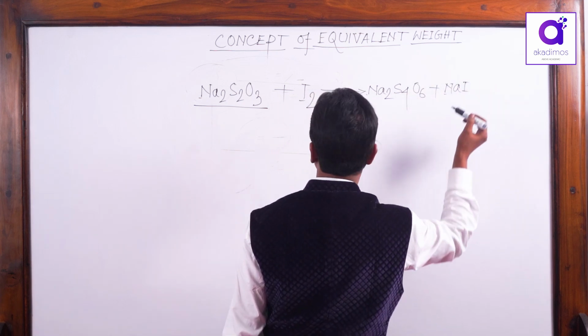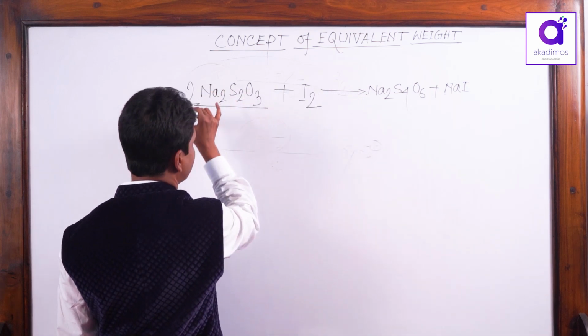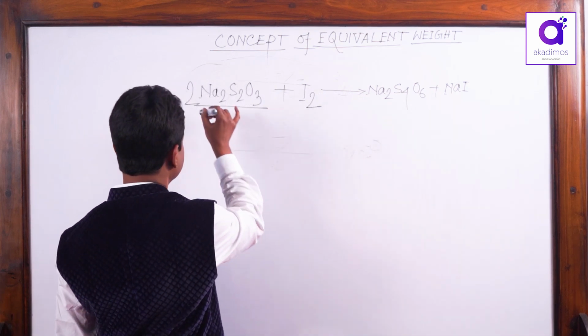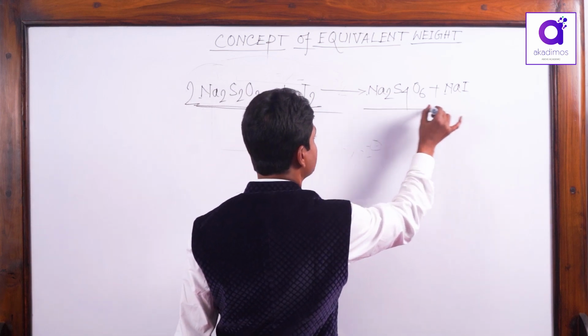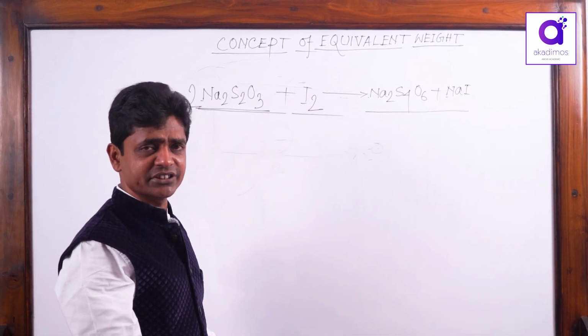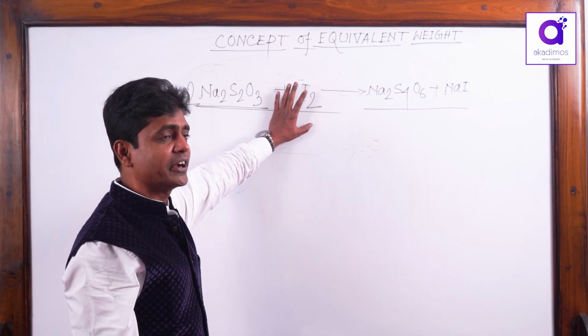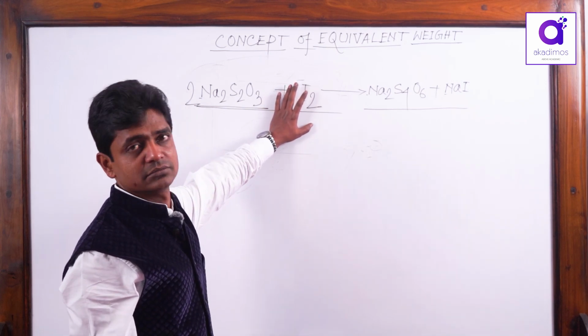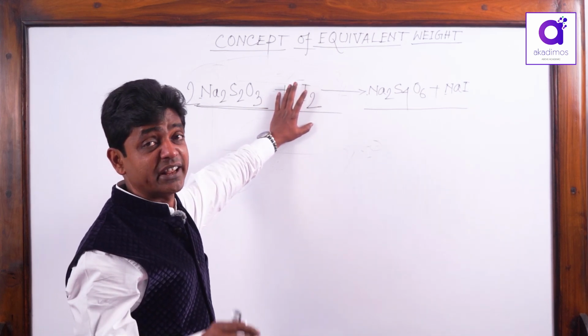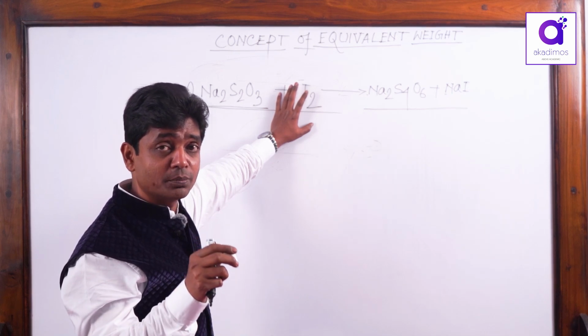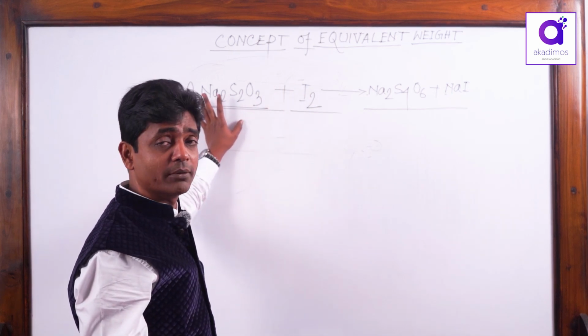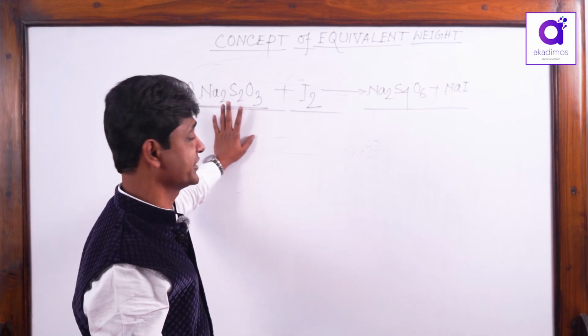See the complete reaction I have taken here. It is the reaction associated with iodometric titration. By using this reaction, you can estimate an unknown amount of iodine from a known amount of sodium thiosulfate.